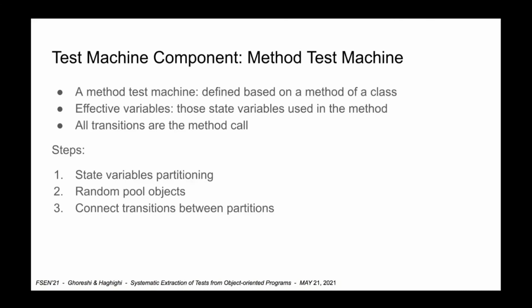The first step is state variable partitioning. First of all, the input space of the effective variables is partitioned. To do this, first the type of each variable and the allowed values are queried from the logical model. Now, based on the type of the variable and its allowable values, partitions are created based on an input space partitioning strategy.